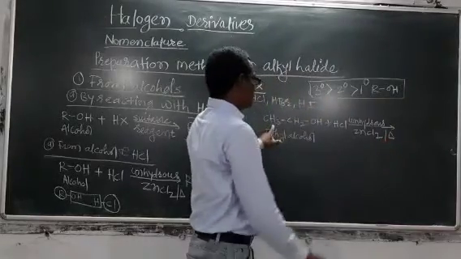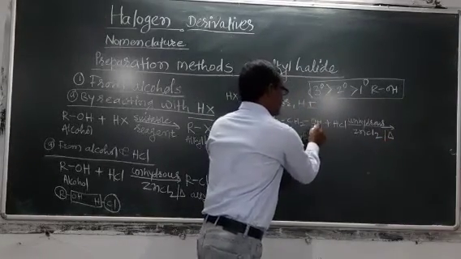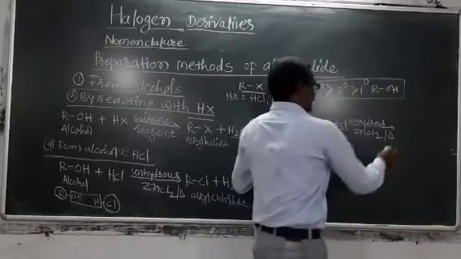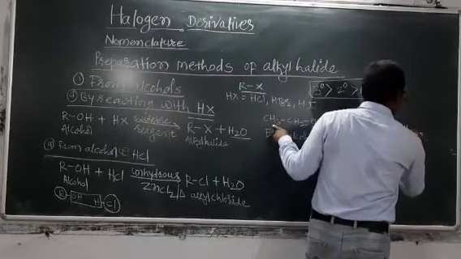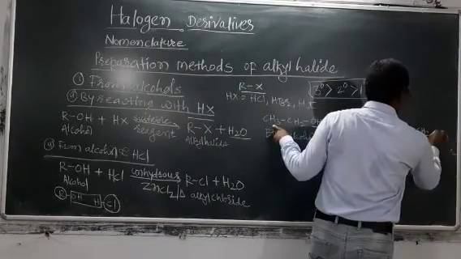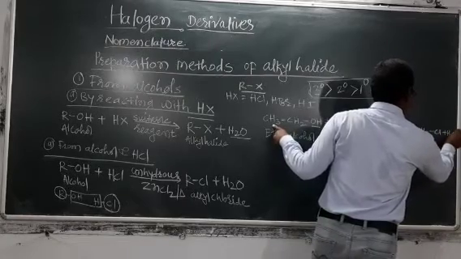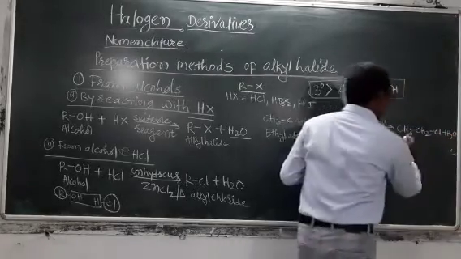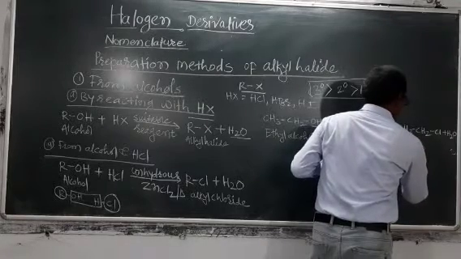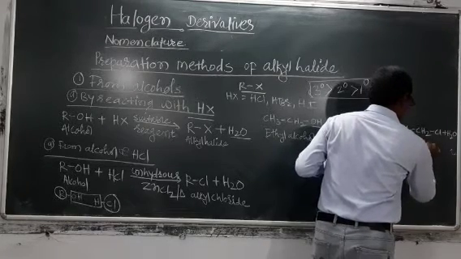It will just replace OH by Cl. It will give CH3CH2Cl plus H2O. The name is ethyl chloride.